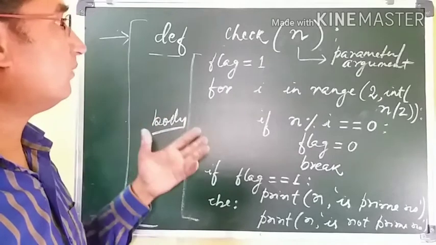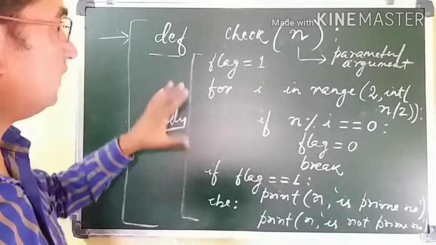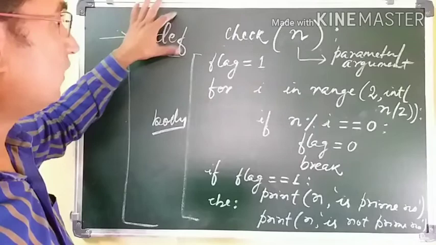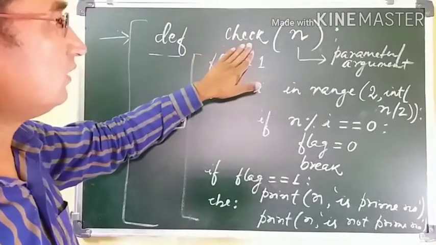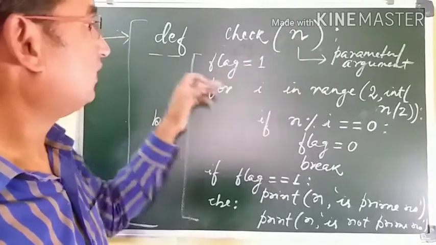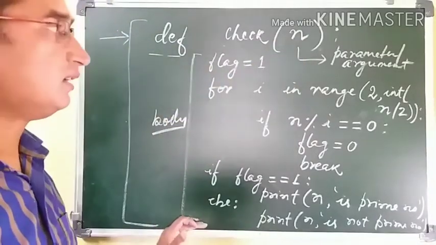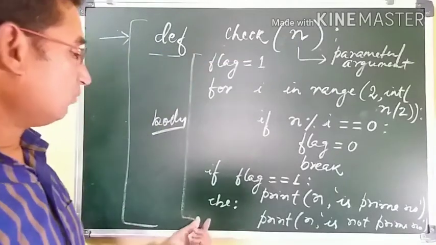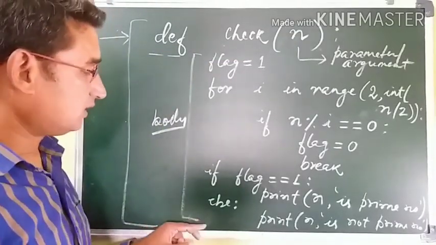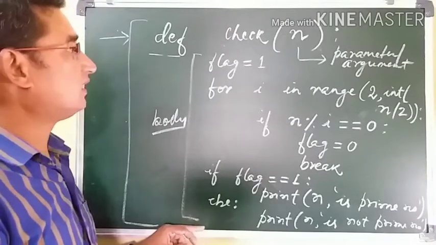While writing your program, first define a function. To define a function, we have to write the def keyword with any identifier. It is the name of the function, and n is the parameter here, and these are the function body. This is the function definition. These all things will be there, and one more thing will be there, which is the return statement. Return we will see in the next example.